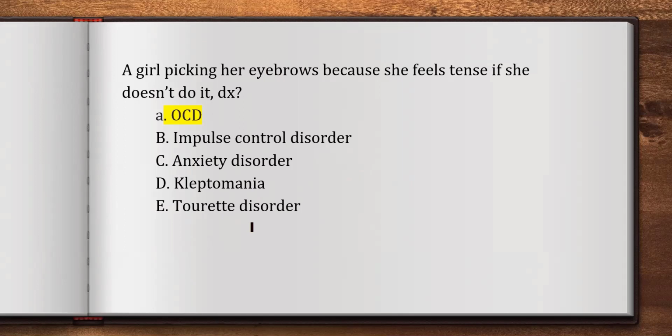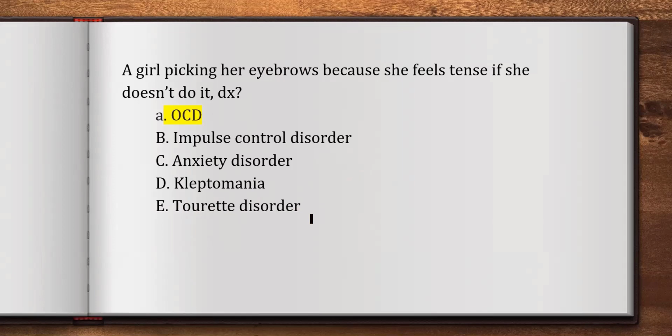Tourette disorder is a kind of tic disorder also. There are motor tics and vocal tics. If someone has both motor and vocal tics, we usually diagnose it as Tourette disorder. Motor tics means they will do some unnecessary, unusual movement or fidgeting of their hand or any part of their body.